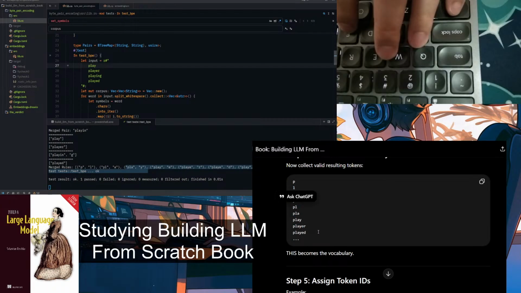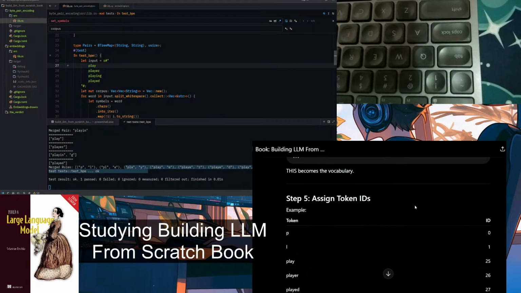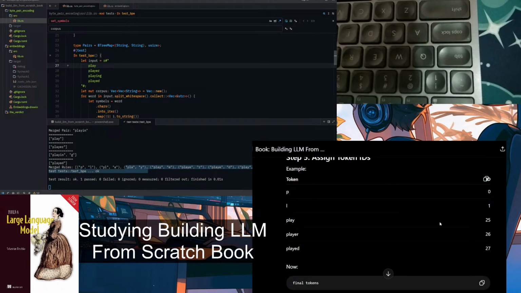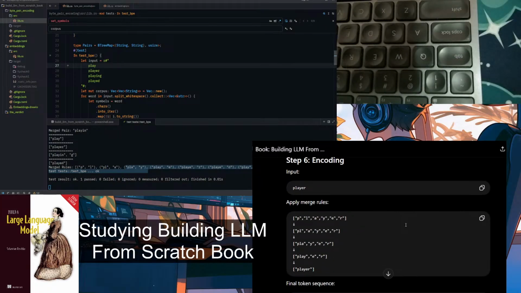So I got this one, but I don't have this. Then it will be assigned a token ID. Then do the encoding, no? Apply merge rules.